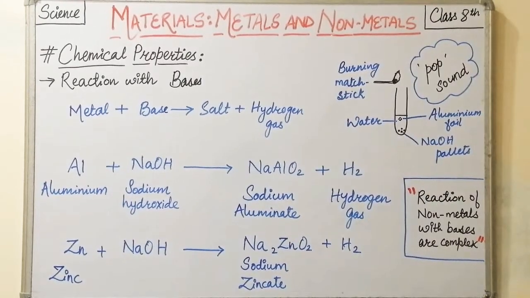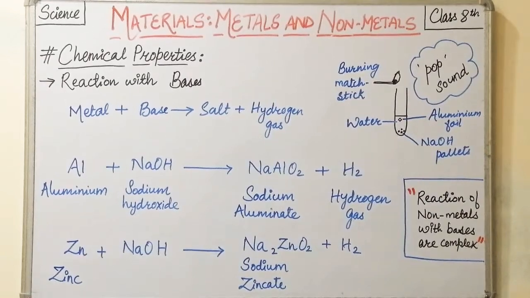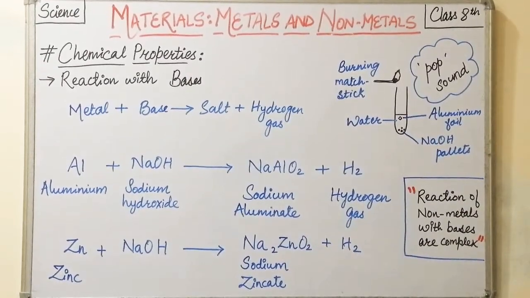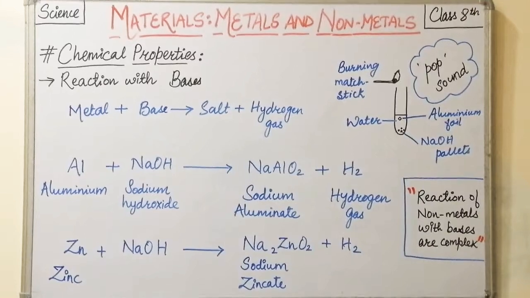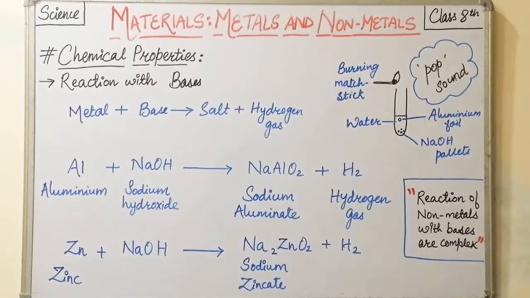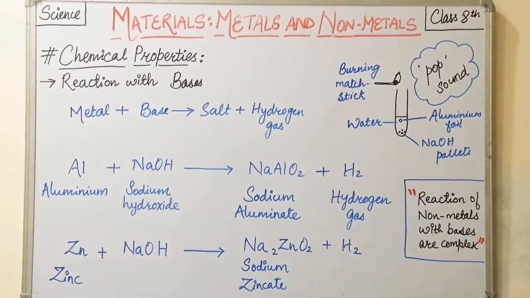Again, zinc, which is a metal, when it reacts with sodium hydroxide, that is a base, gives you salt and hydrogen. So this salt here is sodium zincate, and hydrogen gas. Now the reactions of non-metals with bases are complex, and hence we are not going to study these reactions in class 8.